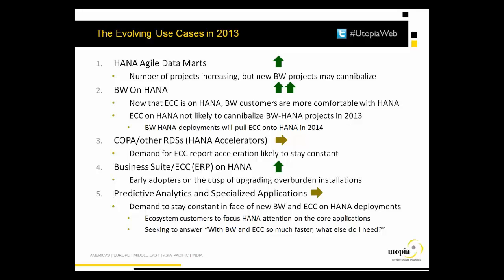But we also see BW on HANA projects increasing, and that may cannibalize some HANA Agile Data Marts, but I still see the pace of HANA Agile Data Marts in 2013 increasing. But probably one of the big winners is going to be BW on HANA, because now that ECC is on HANA, BW customers are more comfortable with HANA in particular.